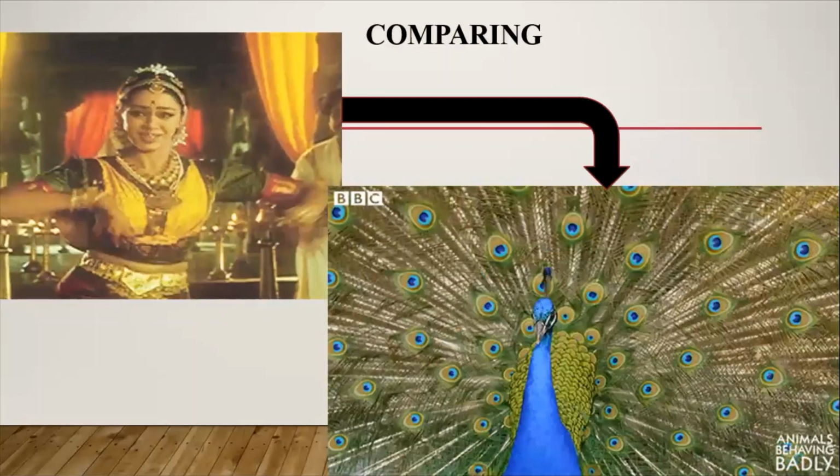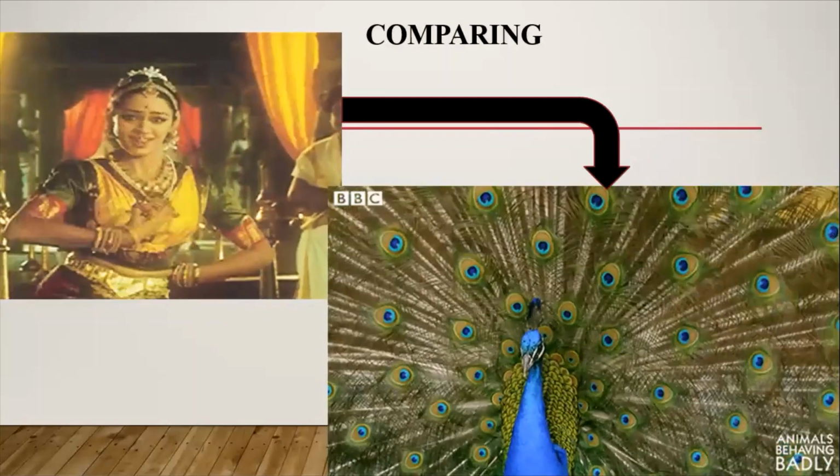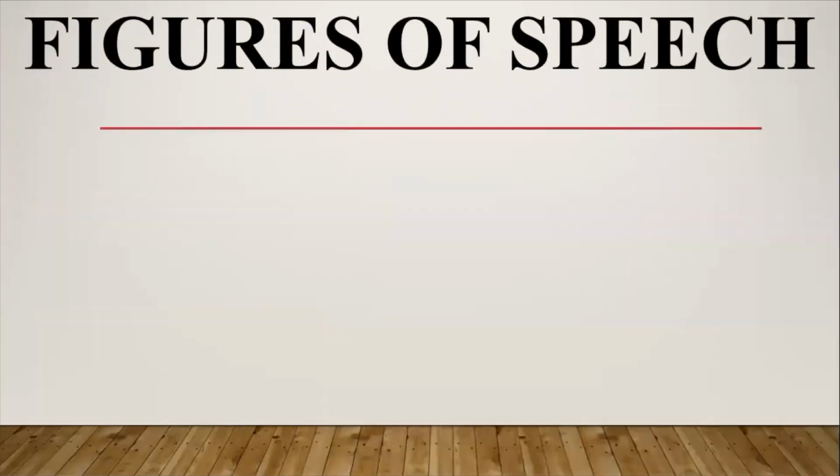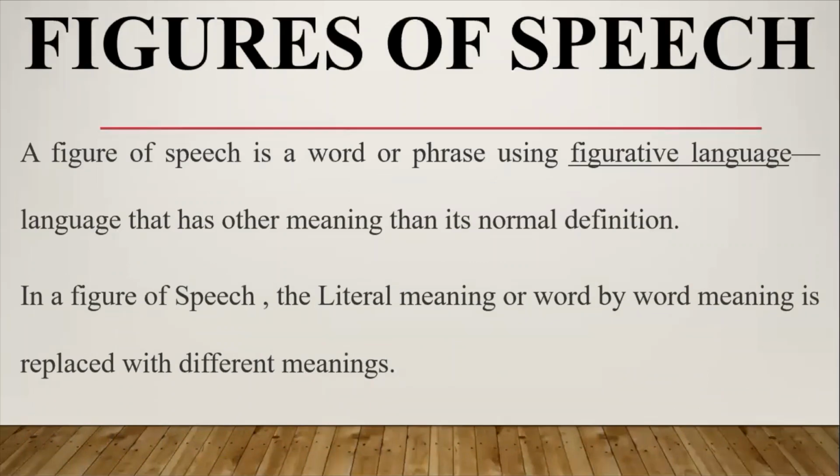So what is all this? Sentences which are not taken literally, but by their figurative meaning, are called figures of speech. These are different figures you use to make your speech a bit better. The definition is, a figure of speech is a word or phrase using figurative language, like raining cats and dogs, where the figurative meaning is raining heavily.